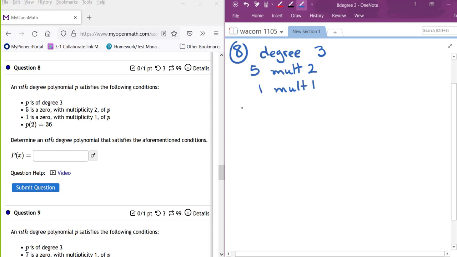And they tell us P of 2 equals 36. What this helps us to do is find the coefficient in front of the polynomial.